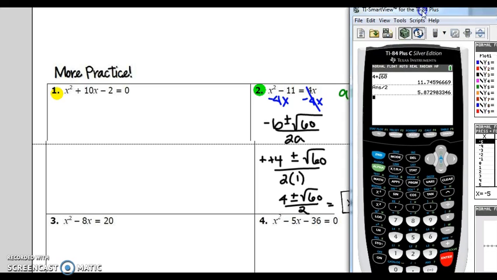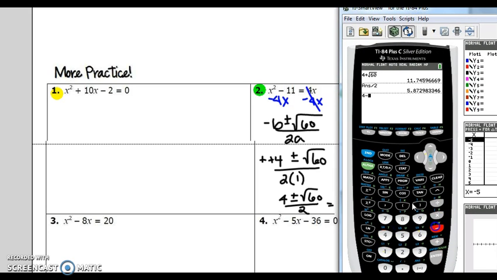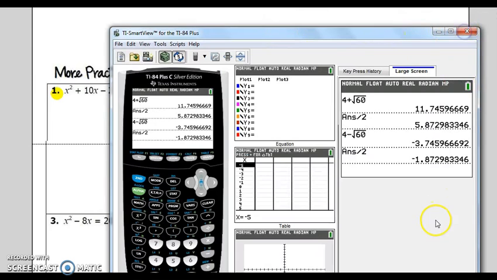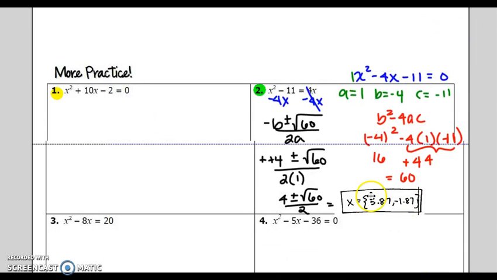The second one, we're going to take 4 minus the square root of 60. Enter, and then divide it by 2. And we get negative 1.87. So there's our 2 answers. Please write them with our little brackets, the 2 answers together.